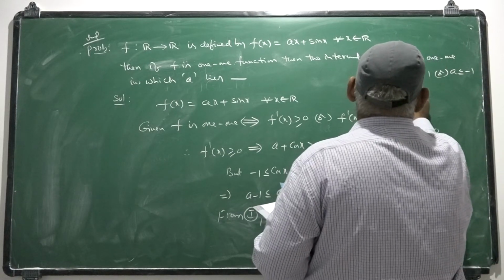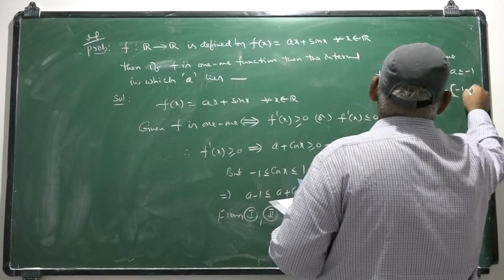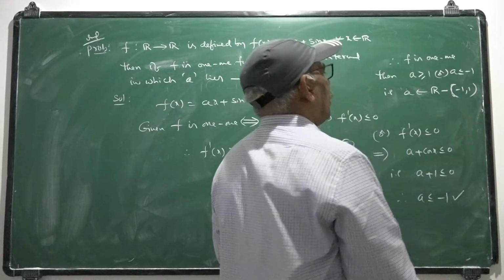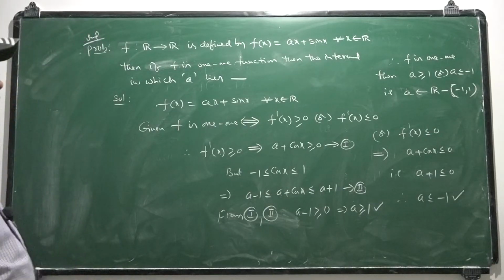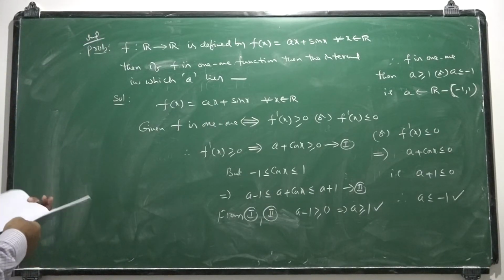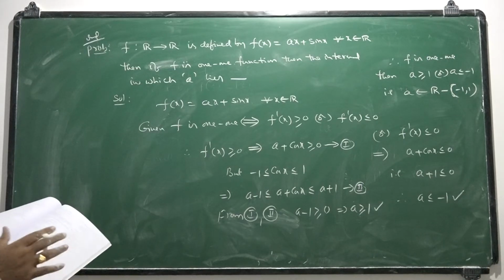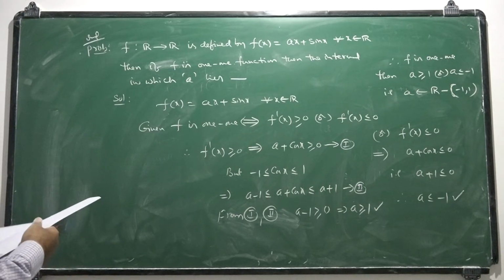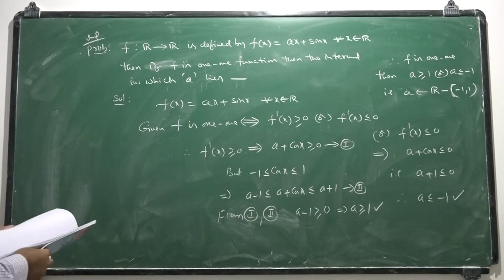That is, a belongs to R minus of the open interval minus 1 comma 1. Excluding the values of minus 1 and 1, a takes the remaining real values.